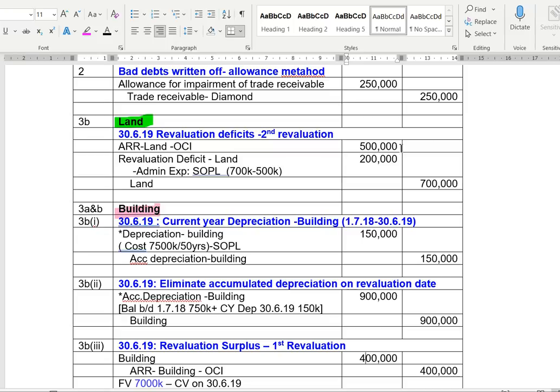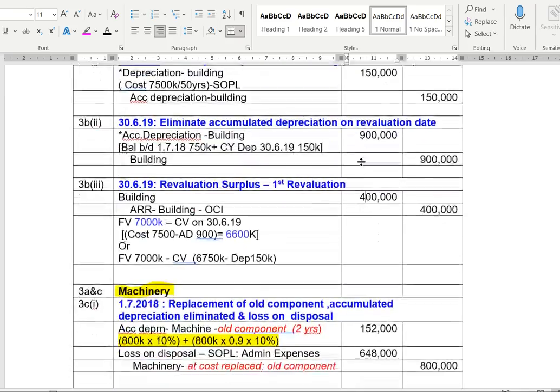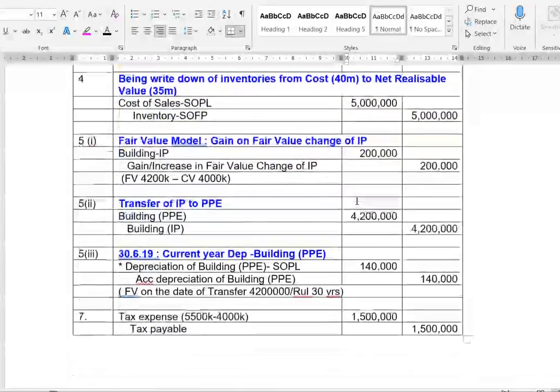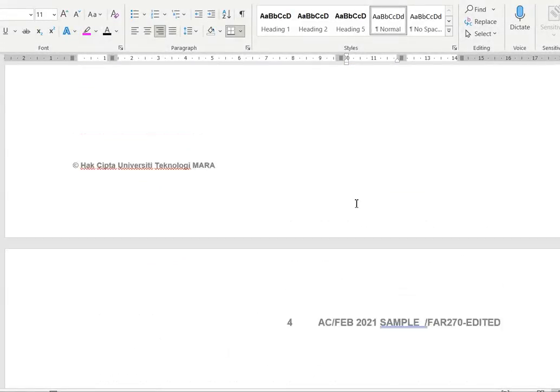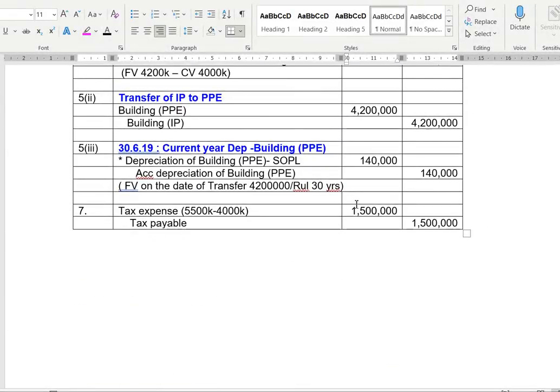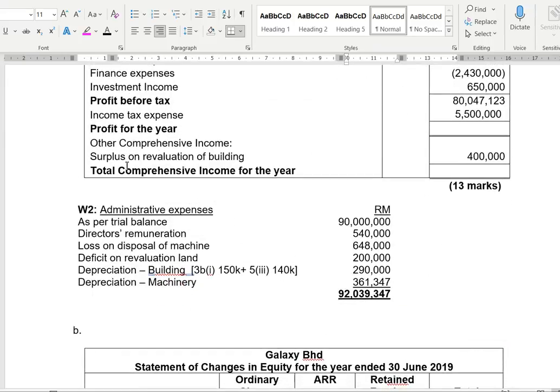So that is completely gone, and what you're going to show is just the current year amount. So the current year amount is just relating to the item on revaluation of building. Land won't appear here. If you have, yes, of course, first you have, but the point is that was for the current year, and in current year that is no longer there.